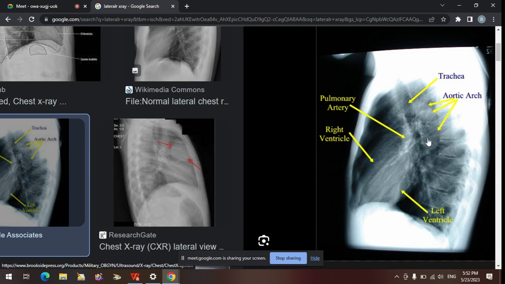So all those things are in the middle: the aortic arch, the ventricle, which is the heart, the trachea, and the esophagus too will be somewhere there. Then posteriorly, we can see the spine. So that's that about the mediastinum. It's not hard. The posterior compartment is occupied by the spine, the middle by the heart, the great vessels, the esophagus, the trachea, and anteriorly by the thymus.